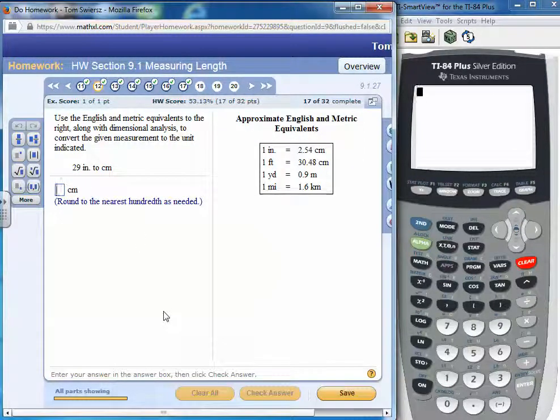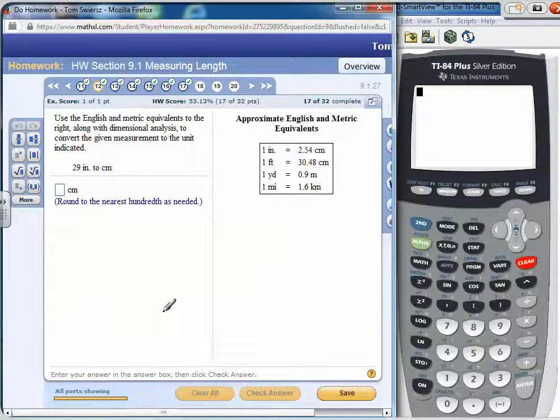Question number 12, 29 inches to centimeters. Now, this is not a metric to metric conversion, so we have to go back to using dimensional analysis. It's not based on powers of 10. If you notice here, 29 inches to centimeters, we had the conversion of 1 inch to 2.54 centimeters.